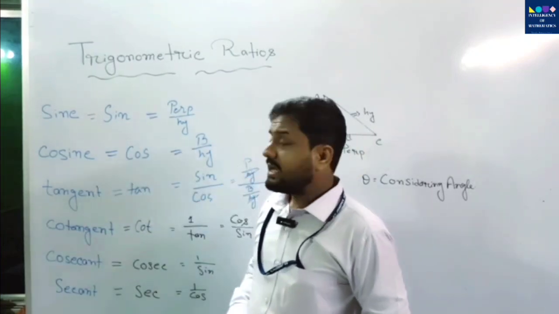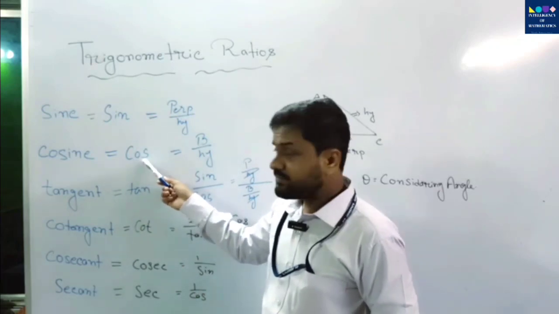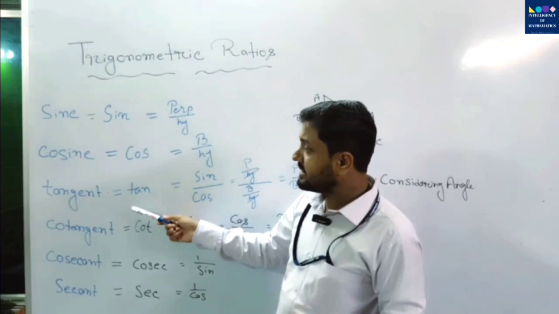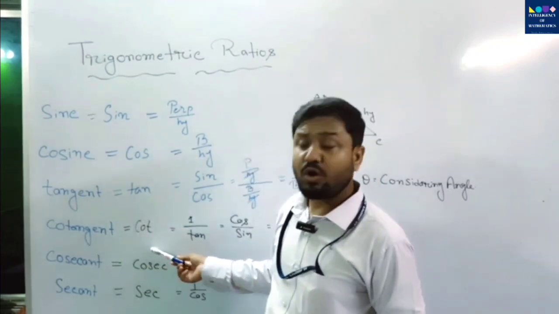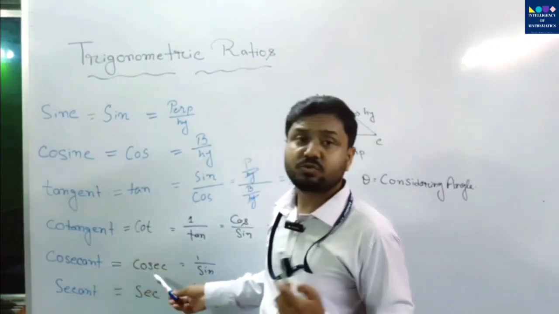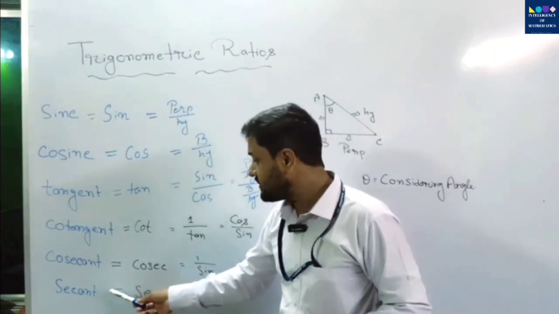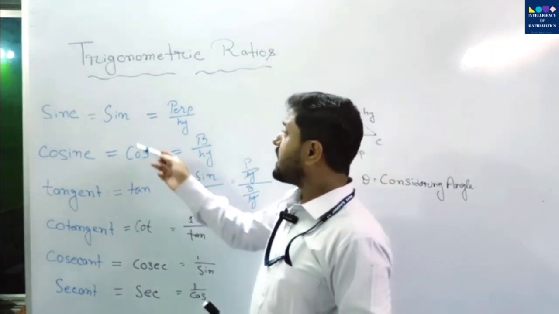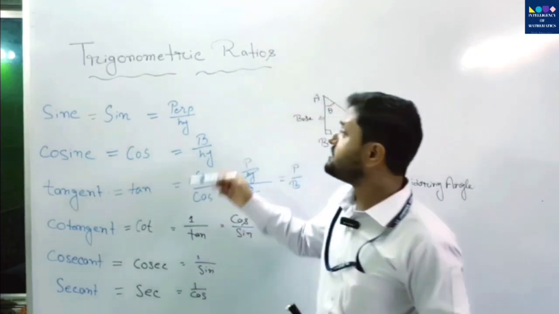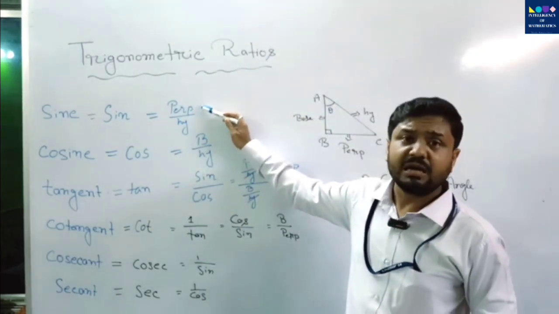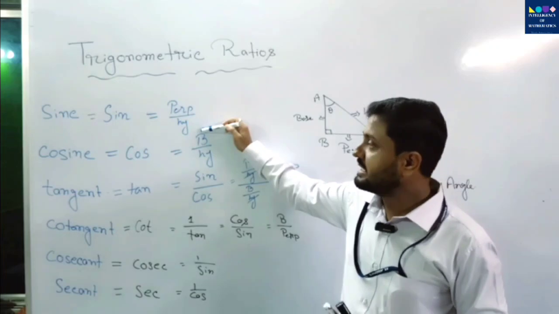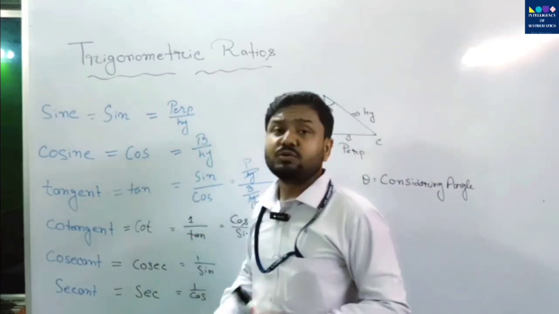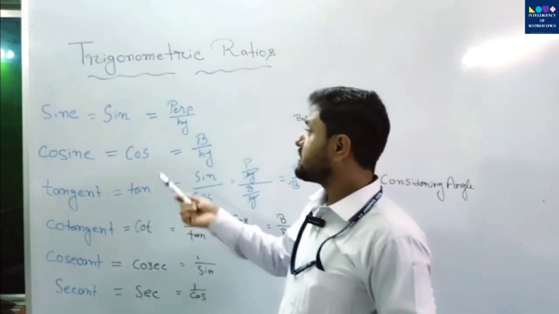Cosine has a shorter form cos, tangent has a shorter form tan, similarly cotangent is cot, cosecant is cosec and secant will be known as sec. Now if we talk about sine, we will have a ratio between perpendicular and hypotenuse.